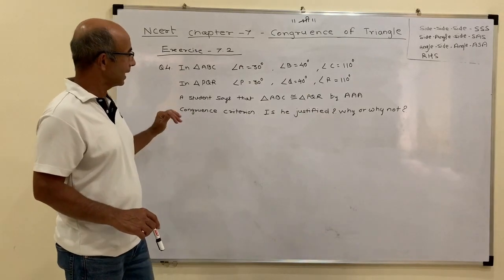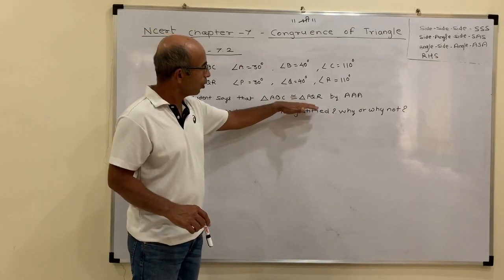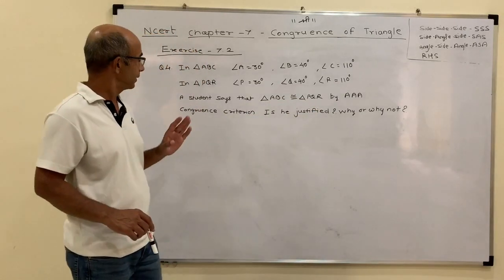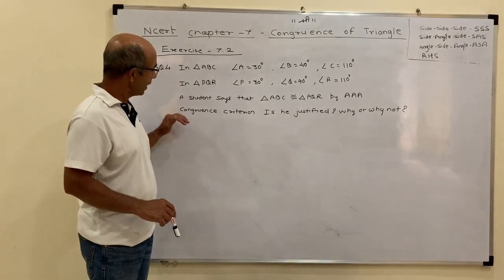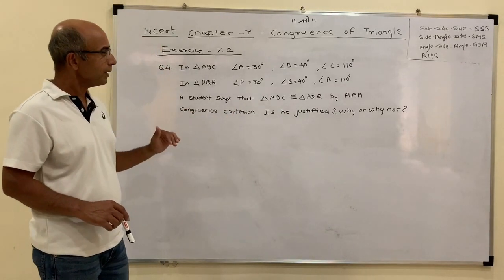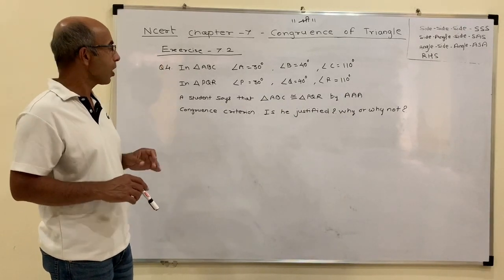A student says that triangle ABC is congruent to triangle PQR by AAA congruence criteria. Is this justified? If yes, why? If not, why not?